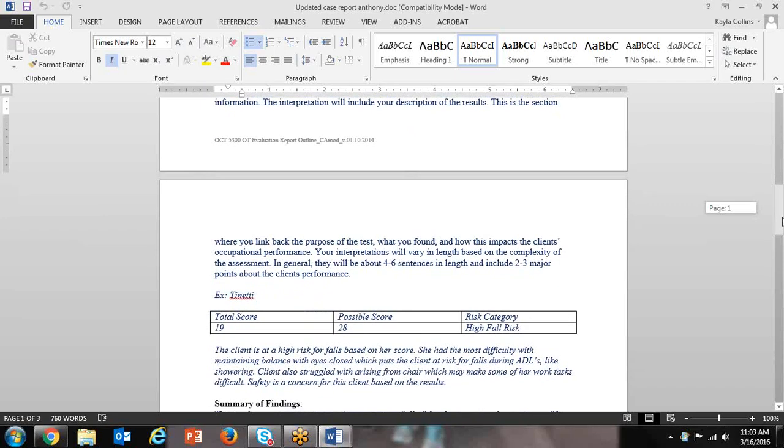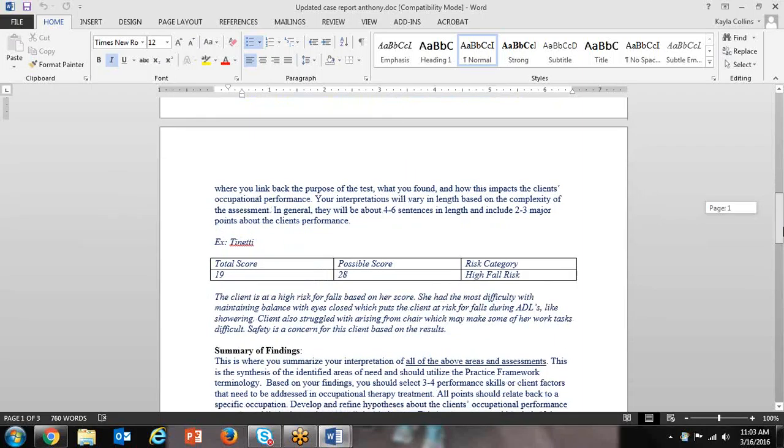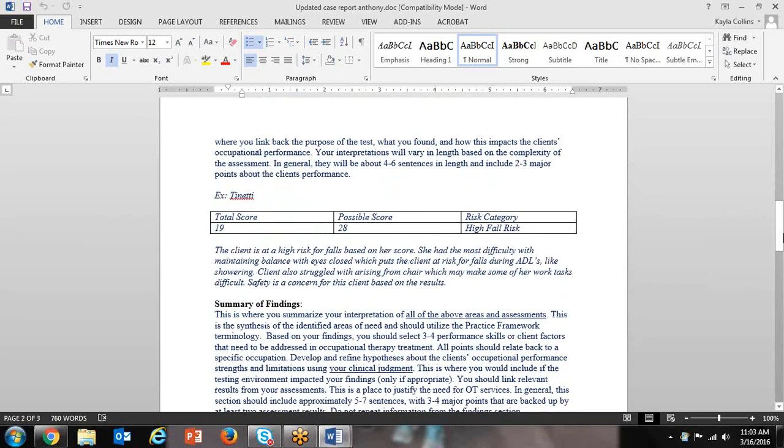It should not be a repetition of the data. Your interpretation should not be repeating the data in any way. Don't tell me that he scored a 98 in classroom participation with a cutoff score of 100. I can read that in the chart. This is the place for you to show me you know what that means.